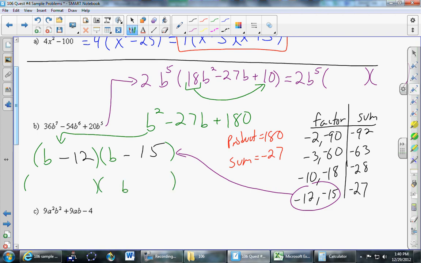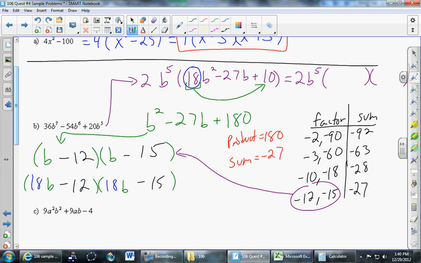So I'm going to copy everything here. But notice I'm leaving a little gap in the front of each of the b's because that's where the 18 is going to return to. So we've got all this, and then we'll bring the 18 back. 18 comes in front of both.